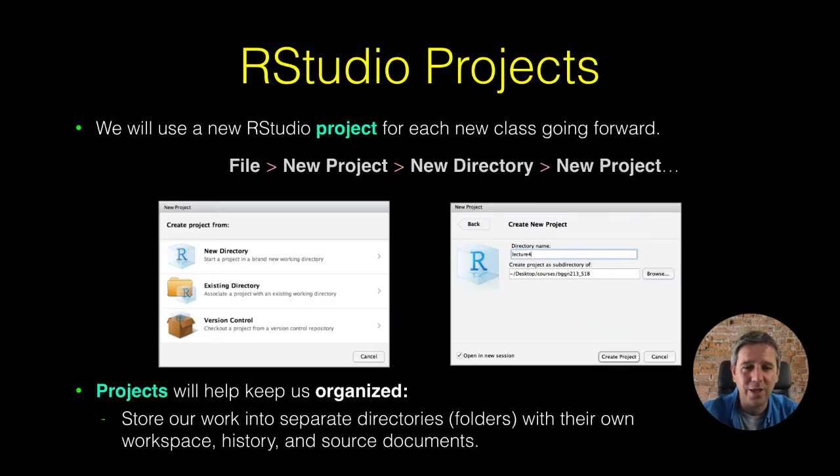We're going to create a new RStudio project. It's basically a new session that takes care of all the bookkeeping for us for a given class. So for each class from next week on, we're going to create a new project. Actually, let's go and create one now, and we'll see some advantages of it.